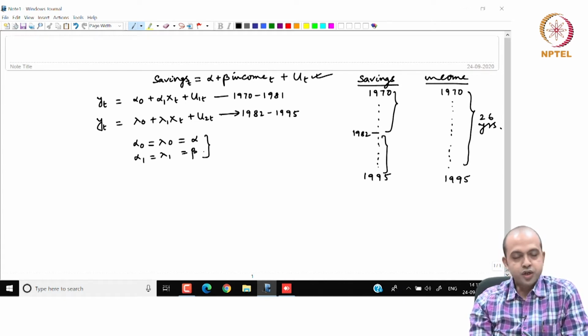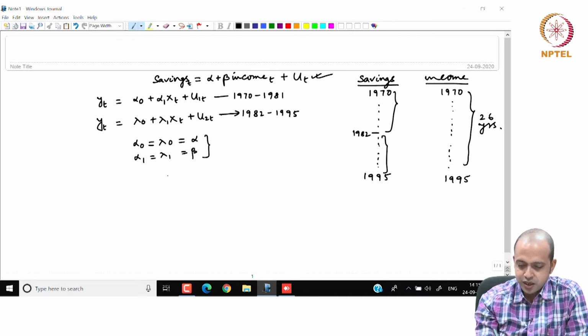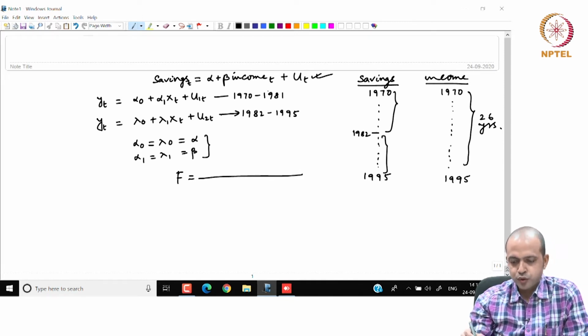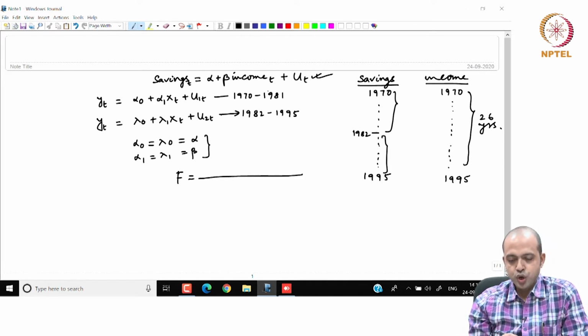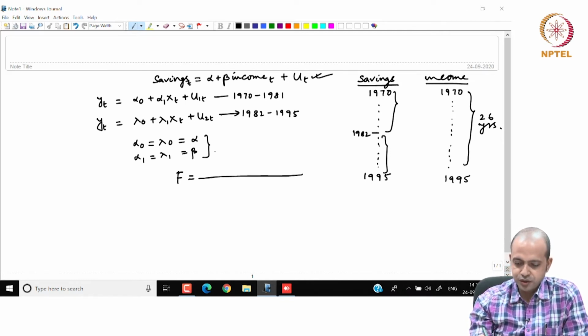And what is the F statistic that we have constructed? We will run these two unrestricted models as well as the restricted one. Then we will collect the RSS.